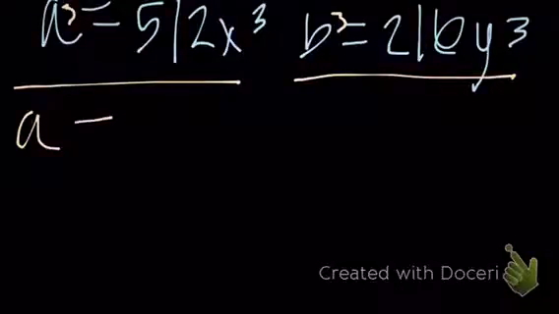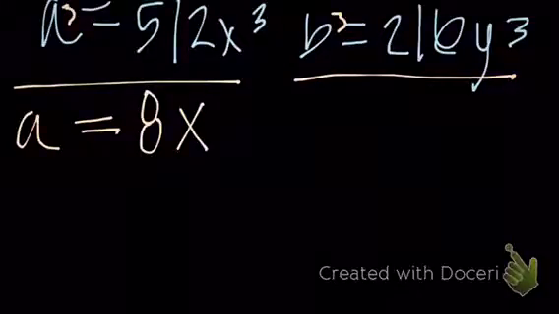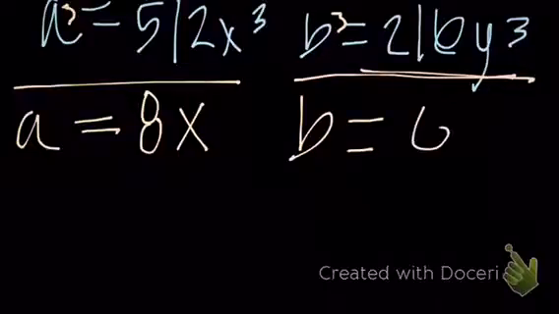So for the a, the cube root of 512x cubed is going to be 8x, and then the cube root of our b, which is 216y cubed, is going to be 6y.